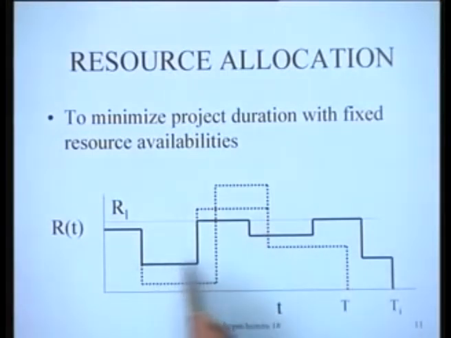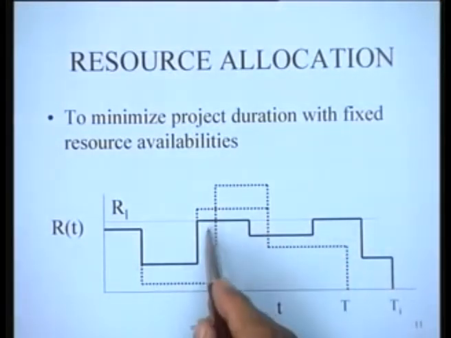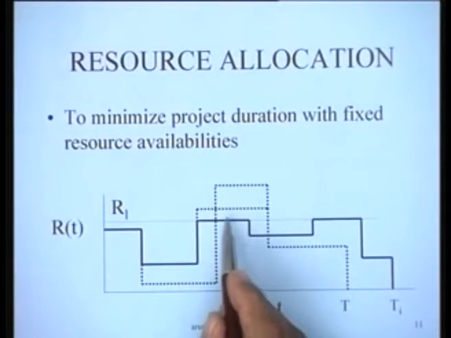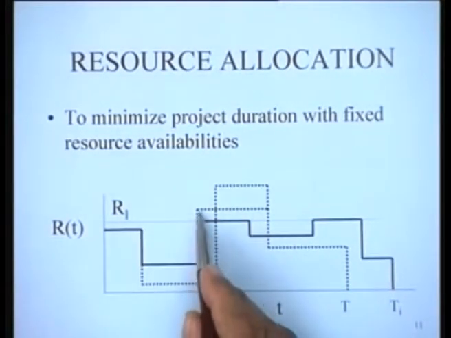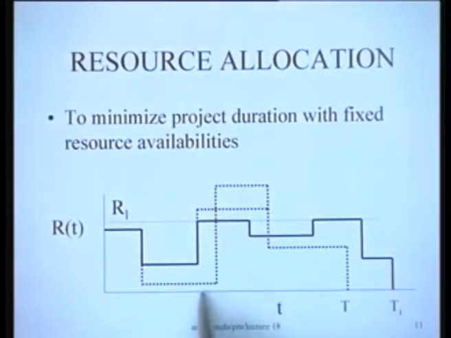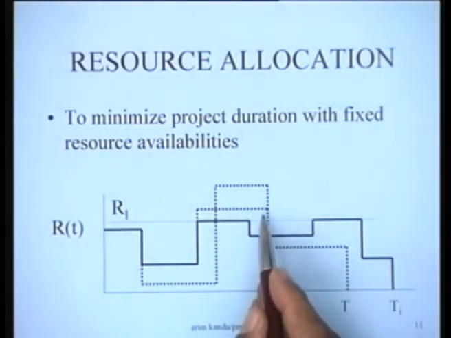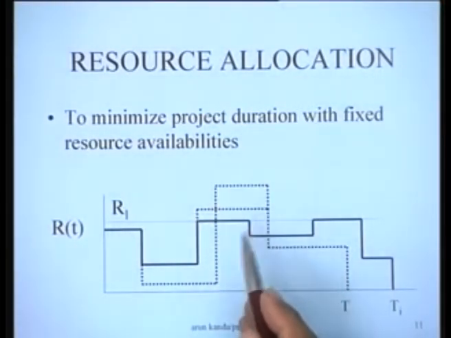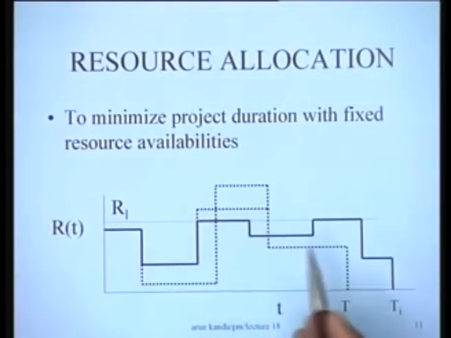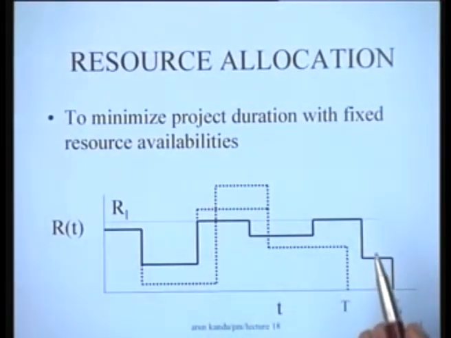Obviously, in a situation like this, what we would have to do is delay some of the activities which are going on during this particular time period, right? And once we delay some of those activities, in fact, some of these activities would be critical activities and we might be forced to delay those critical activities, which means that the project duration will tend to increase from T to T1.